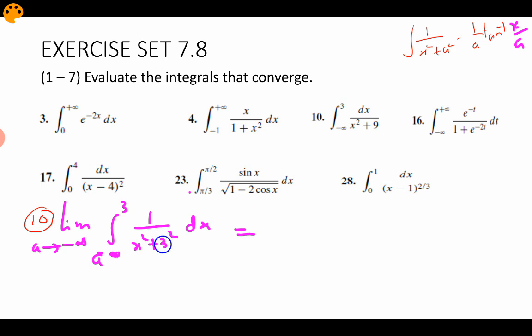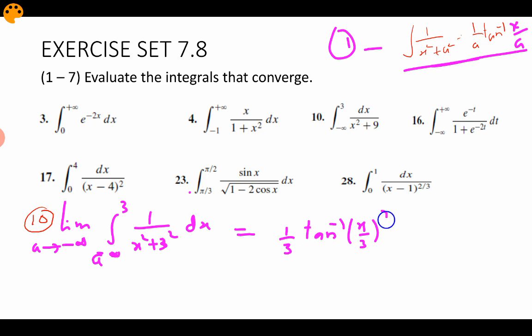Okay, so what is happening here? Integration of this one by this rule, the given formula 1, what do you get? 1 over 3 tan inverse x over 3 from a to 3, and now the limit remains a approaches negative infinity.